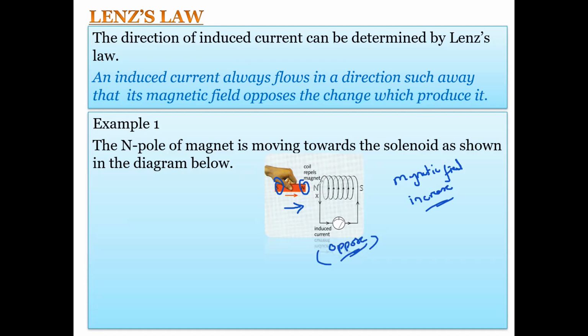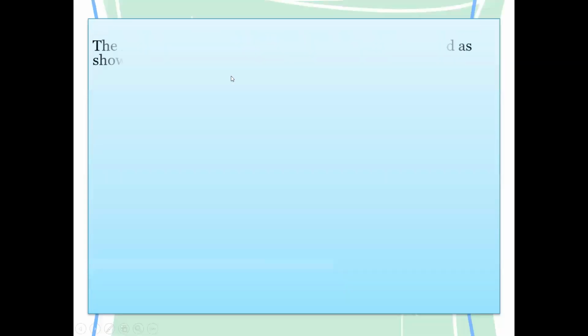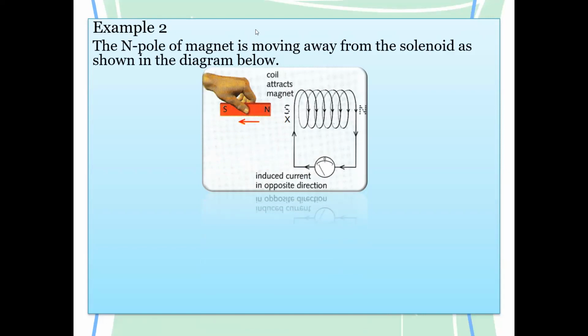How can it stop it? For the solenoid, the north pole will be on the left hand side, because like poles repel and unlike poles attract, and the south pole is on the right hand side. So it produces a current in a direction so that it can oppose the change. And the opposite will happen if, with the same magnet, we are moving it away.